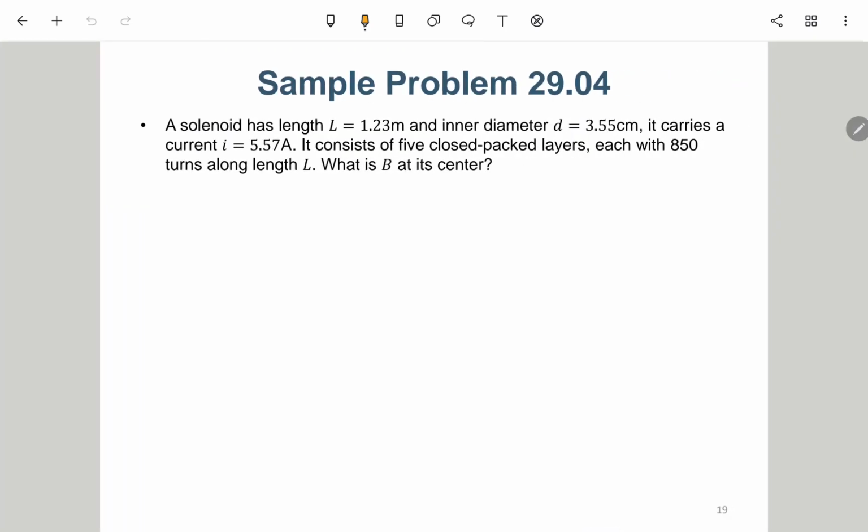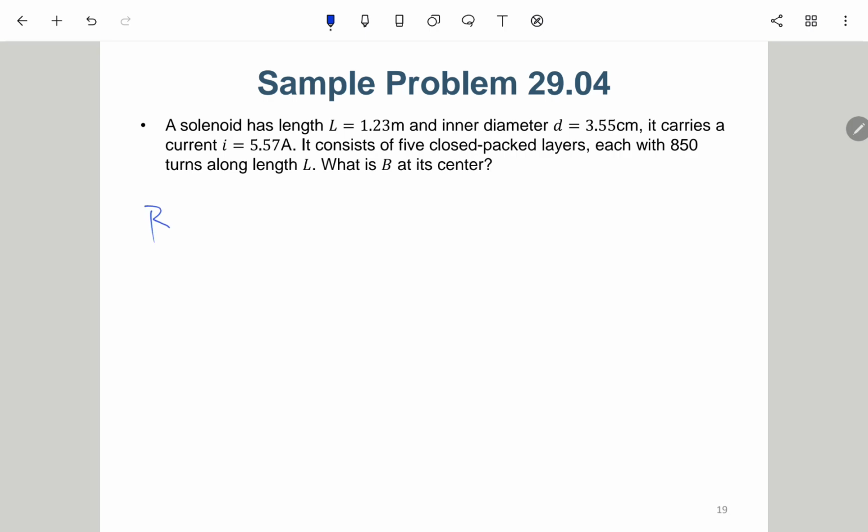Okay, so here we have a sample problem. A solenoid has length L equals 1.23 meter and inner diameter D. It carries a current I, and it consists of 5 close packed layers, each with 850 turns along the length L. What is B at this center?